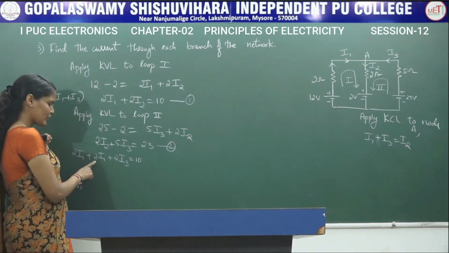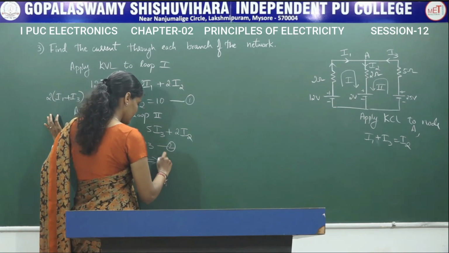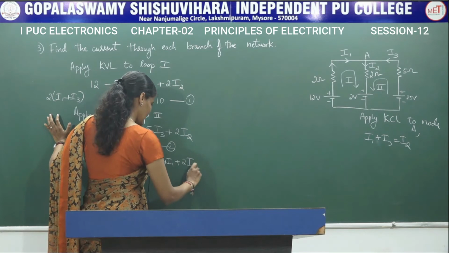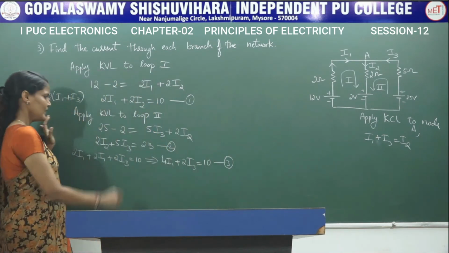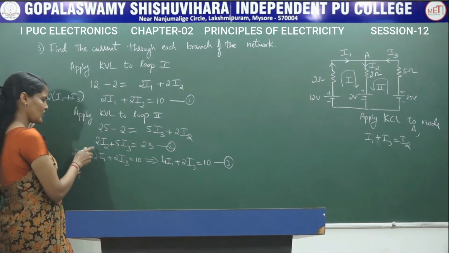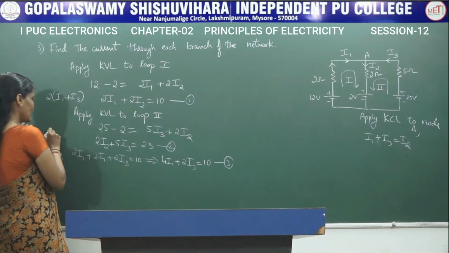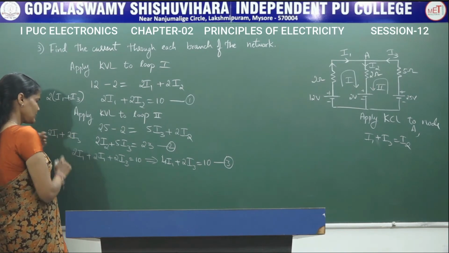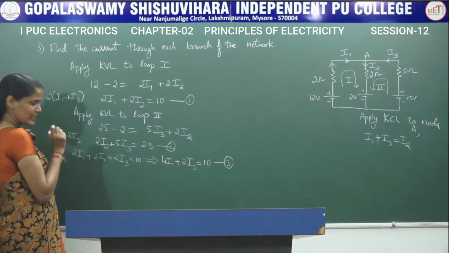So 2 plus 2 is equal to 4I1. This equation will be 4I1 plus 2I3 is equal to 10. Let me call this equation number 3. Similarly, for the second equation, 2 into I1 plus I3 gives me 2I1 plus 2I3. I1 remains as it is, and there is 5I3 and 2I3.